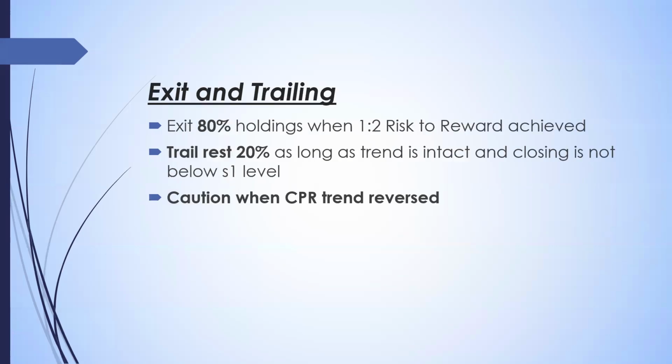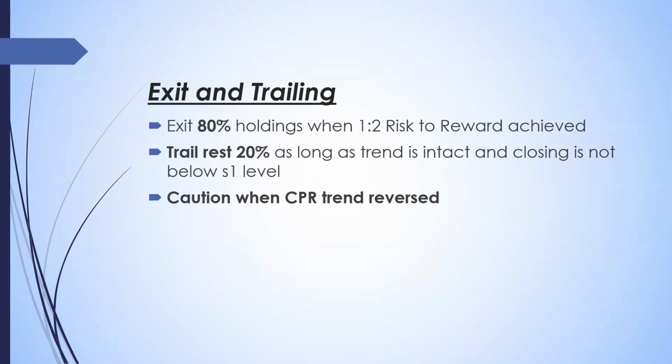And then the next thing is exit and trailing. We will exit 80% of our holdings when our target is achieved, that is, when the 1:2 risk to reward ratio is achieved, and the rest 20% we will hold as long as our trend is intact. And how we will decide the trend is using the CPR level.